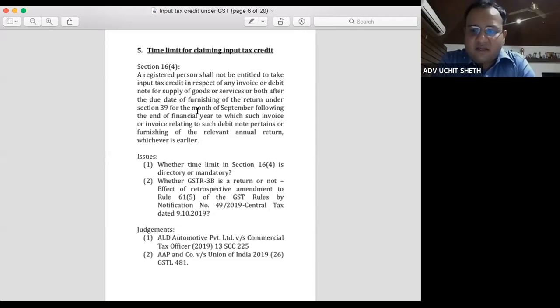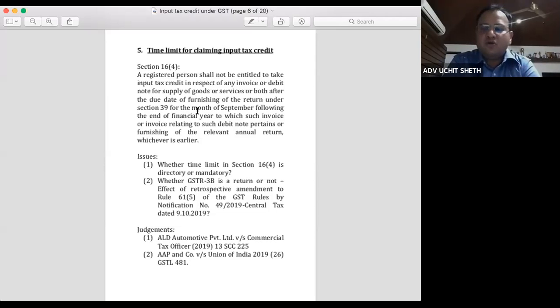Supreme Court gives a reason for saying so. Supreme Court says that the intention behind such a provision is that if an SSE is allowed to make belated claims of input tax credit, then there will be questions of how these claims can be verified. So the legislature has put a time cap for claiming of input tax credit, and since the provision is there in the statute itself and not in the rule, we cannot hold that it is directory.